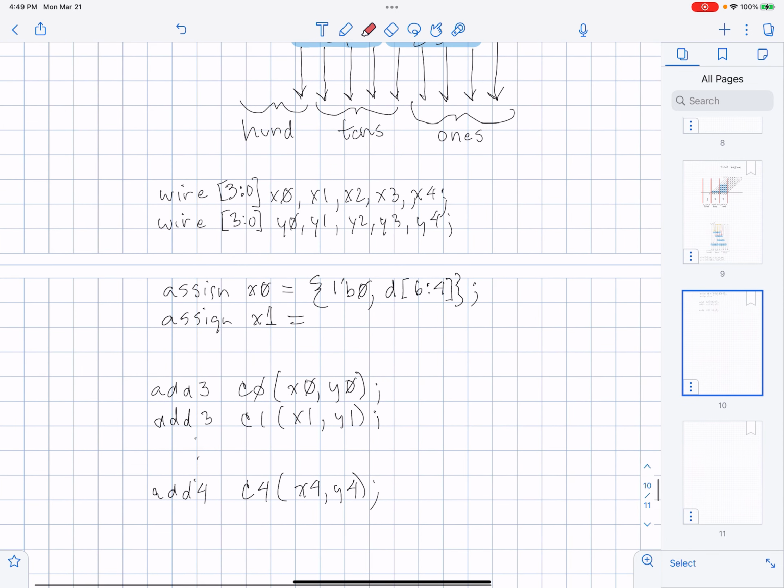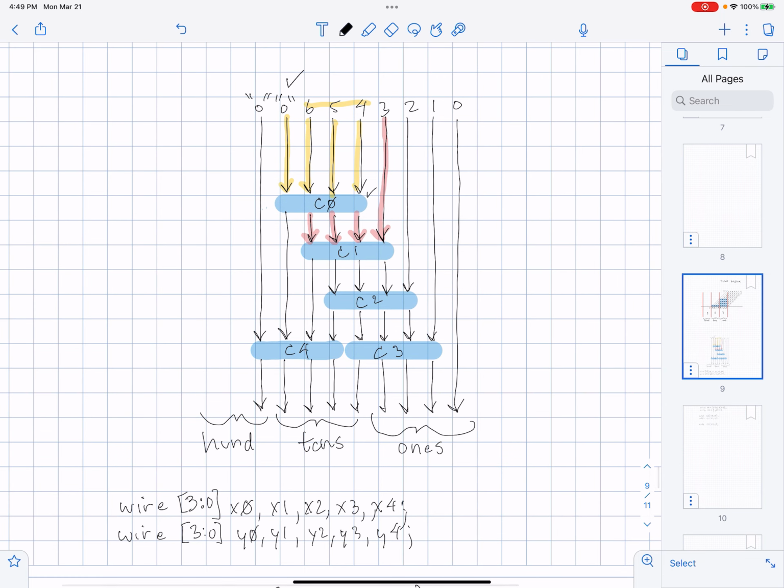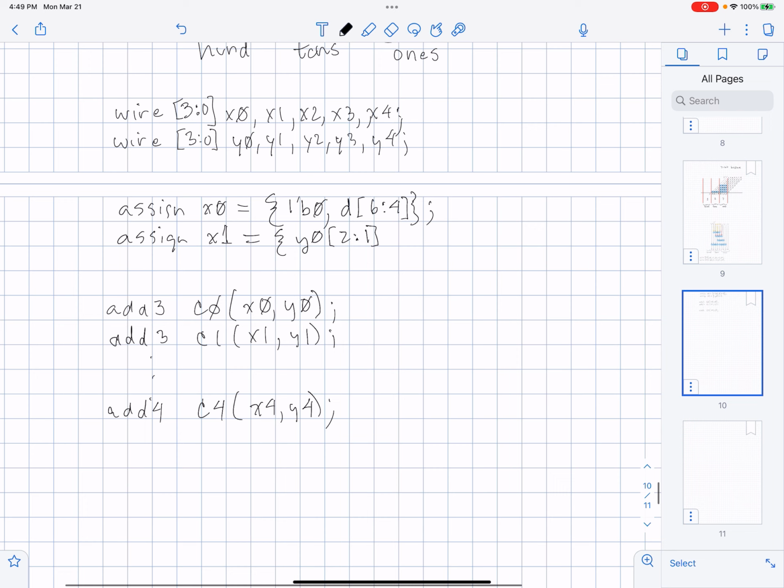Okay, so I can write that down. So I know I have not D. I have the output of C0 from 2 down to 1. I'm sorry, 2 down to 0. That's why I was confused. There weren't enough wires there. So 2 down to 0 is 3 wires.